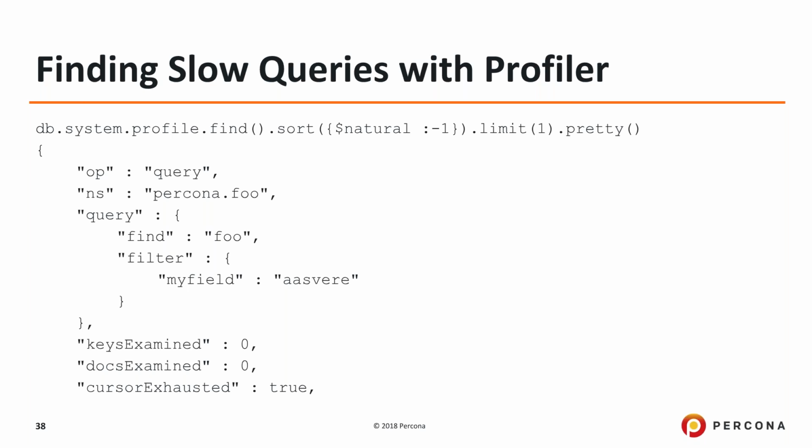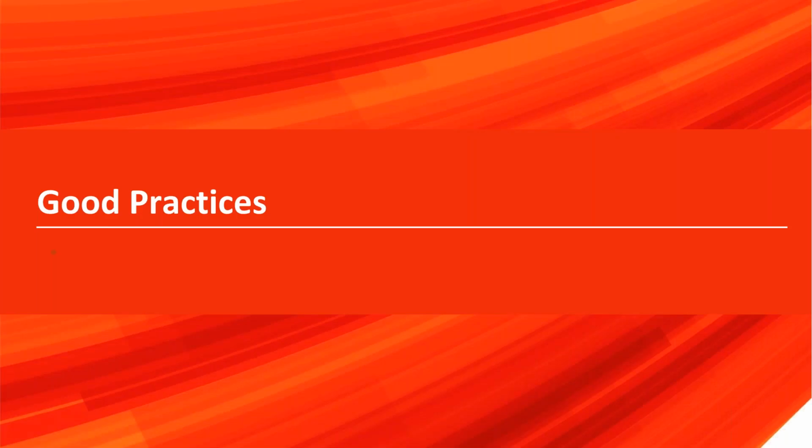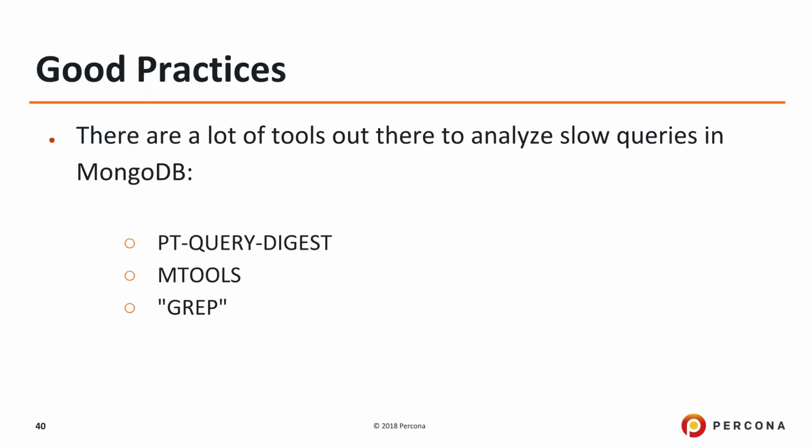While it's nice that you can do this query on the system profile collection and find, query, and sort it, it's even nicer if you have a web page that does a bit more of the crunching for you. And it's too bad I forgot an example, unless it's further on in our slides.